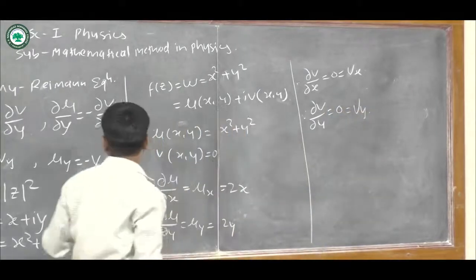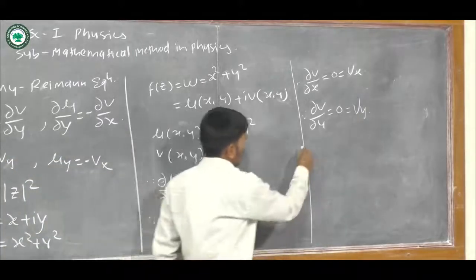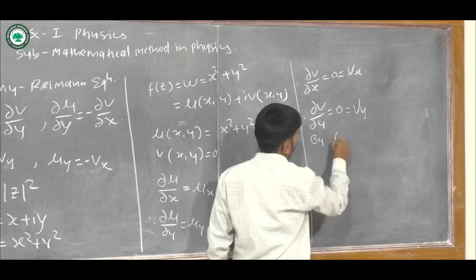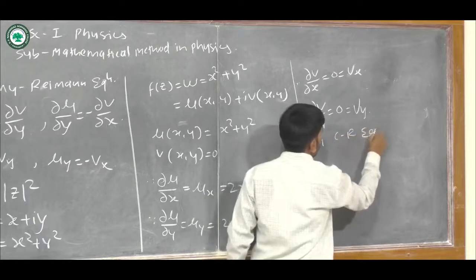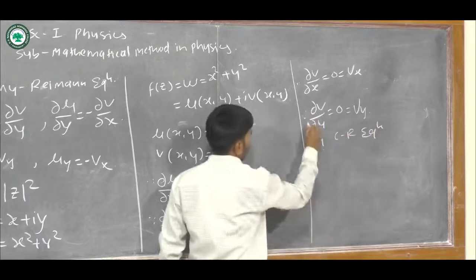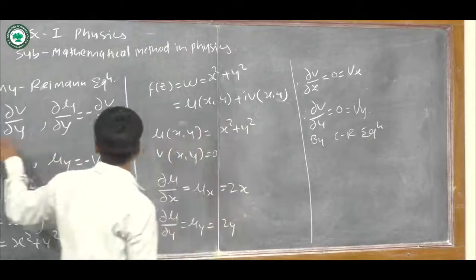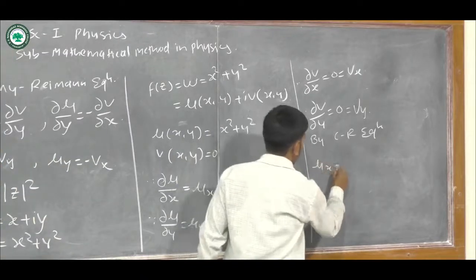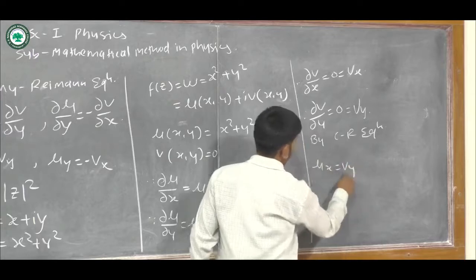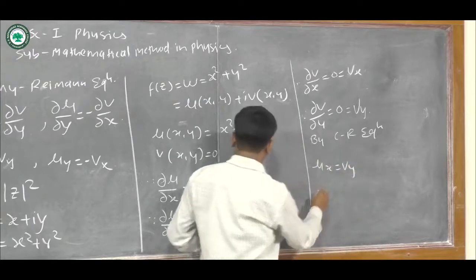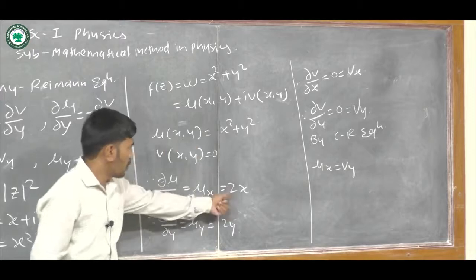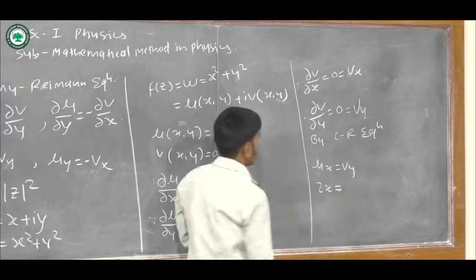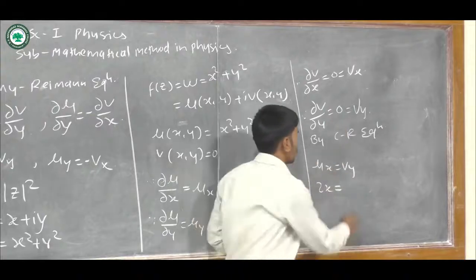Now, from the Cauchy-Riemann equations, if we compare the two, the first condition is u subscript x equal to v subscript y. Here u subscript x is equal to 2x and v subscript y is equal to 0.